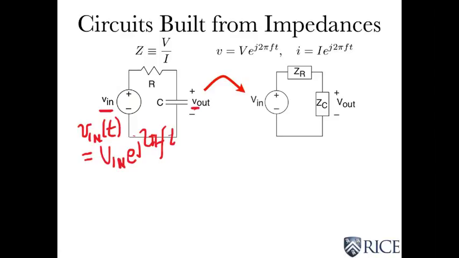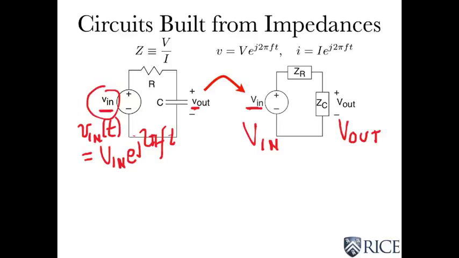This is a lowercase v, which we know is going to be an uppercase V out e to the j2πft. So these are uppercase and these are lowercase.